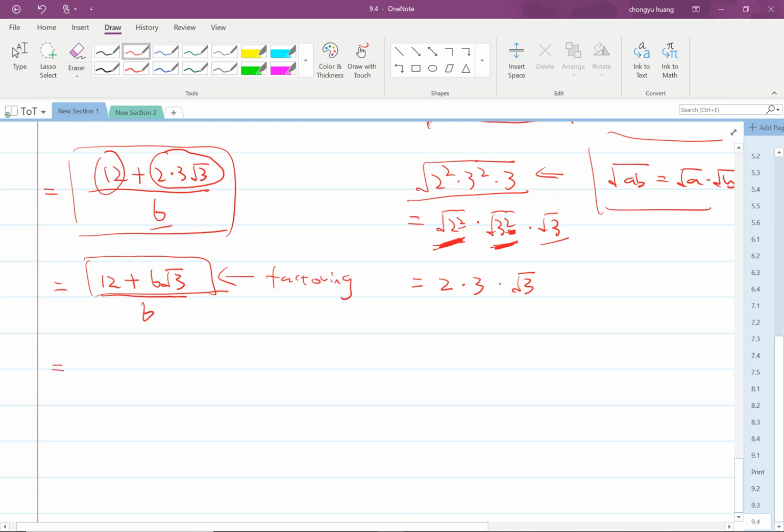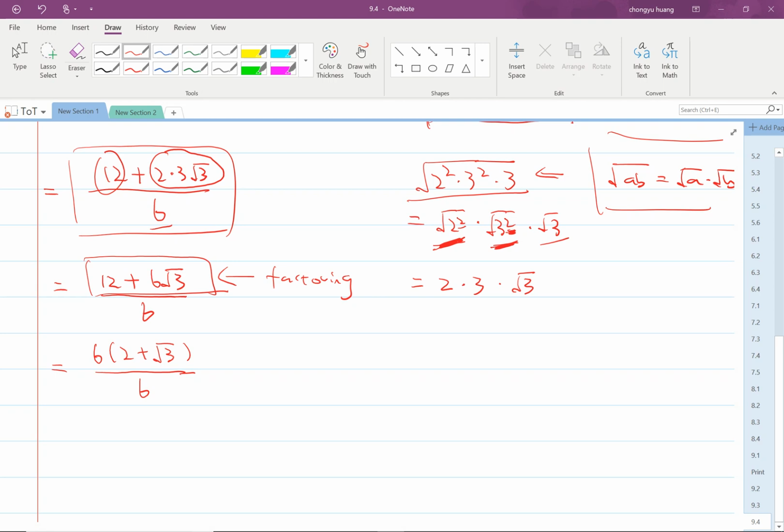So you write down 6 as the denominator, and then you can factor out a 6 over here, and the inside is 2 plus the square root of 3. Okay, so if you are confused, then make sure you watch my previous video.